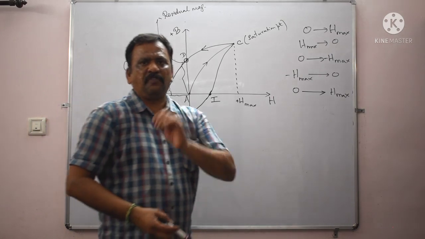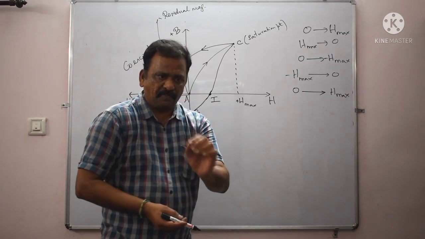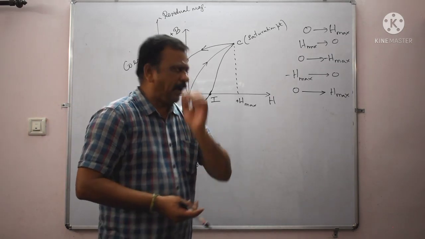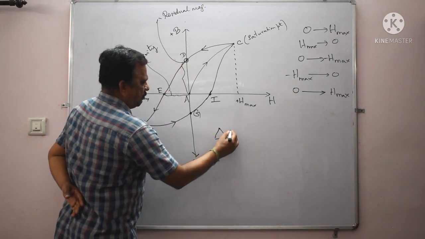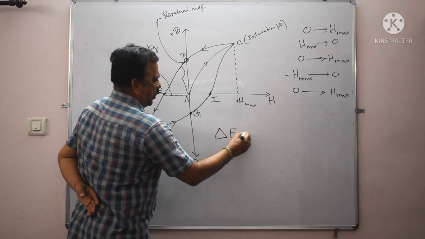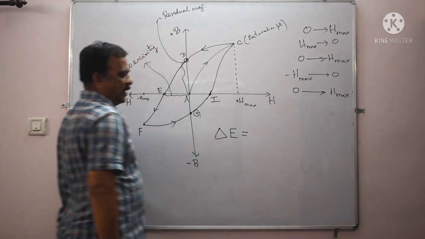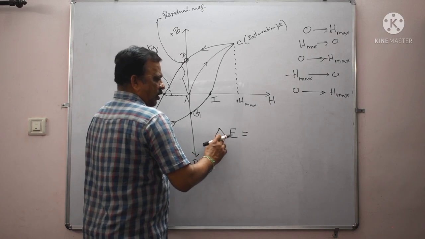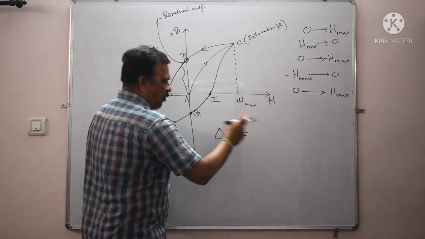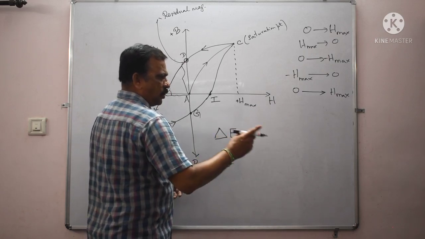So this loss of energy in the form of heat is given by the formula, if I say delta E to be the energy lost during one complete cycle of magnetization. Why is the energy lost in the form of heat?